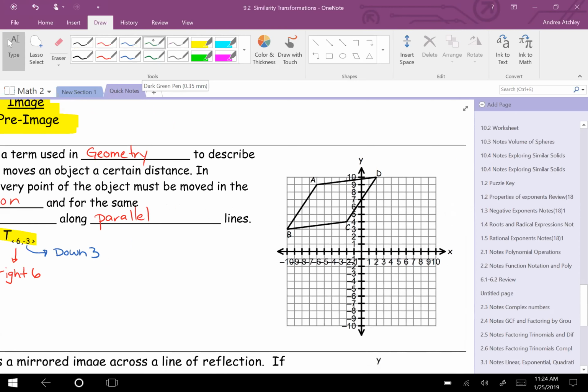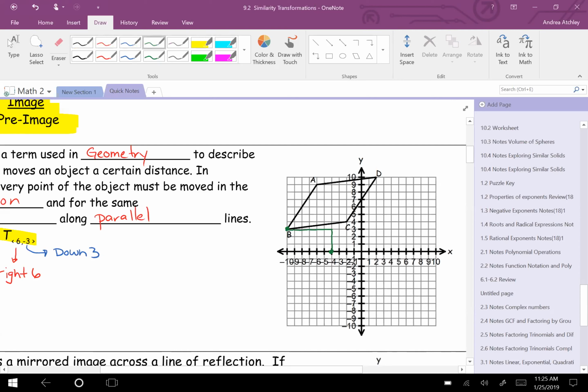So we just take each point. We start with point B. I'm going to count to the right 6, so go 1, 2, 3, 4, 5, 6, and down 1, 2, 3. And that's my point.